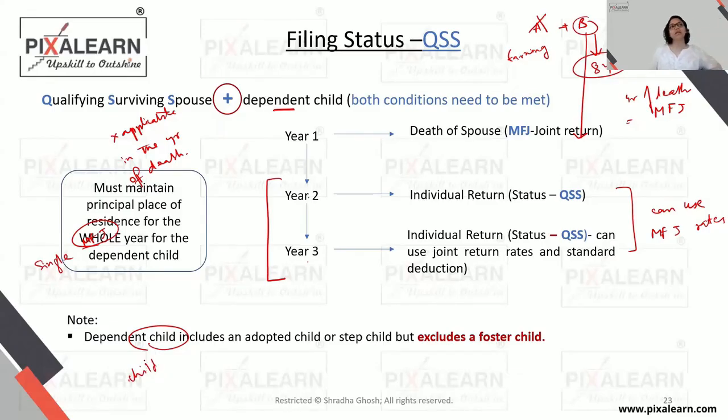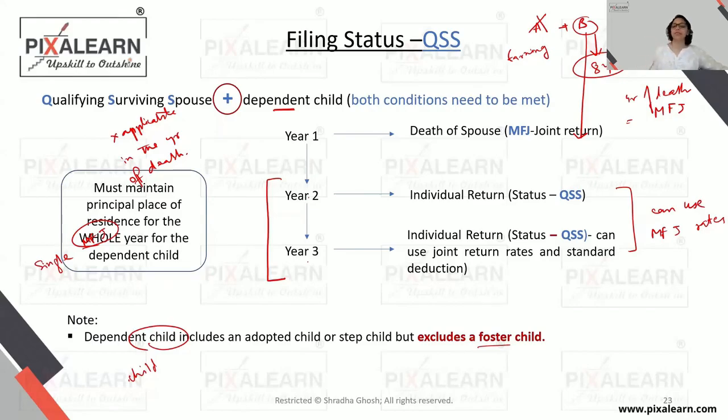See, in the US, it's more common than in India to see people getting divorced and then getting remarried. And when you get remarried, then the spouse's earlier child can also become your child. And even for that child, you can claim a qualifying surviving spouse status. Now, there's something called a foster child. Anybody has any idea what's a foster child? So let's say there was a child who was facing child abuse from an abusive father.